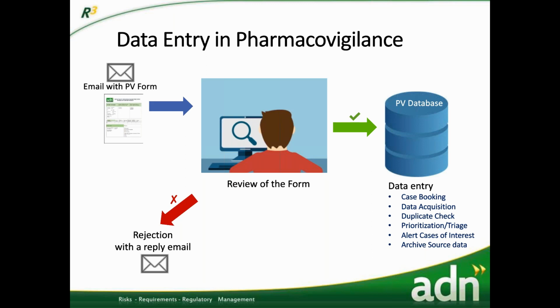We start from an email receiving a simplified PV form, and after receiving this email, the data entry experts should review the form and assess if all information is included, specifically the mandatory items that make the definition of a PV case fulfilled.